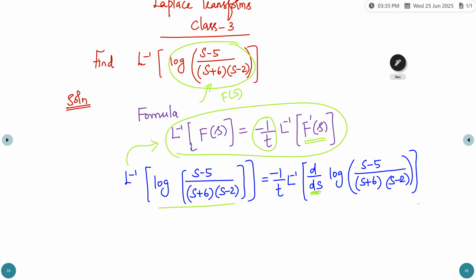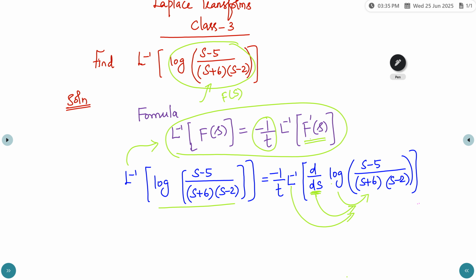It is enough to take the logarithm of this function, then differentiate the obtained answer, and at last take the inverse Laplace. Three steps: logarithm of this function, differentiation of this one, and then multiplied by minus 1 by t.